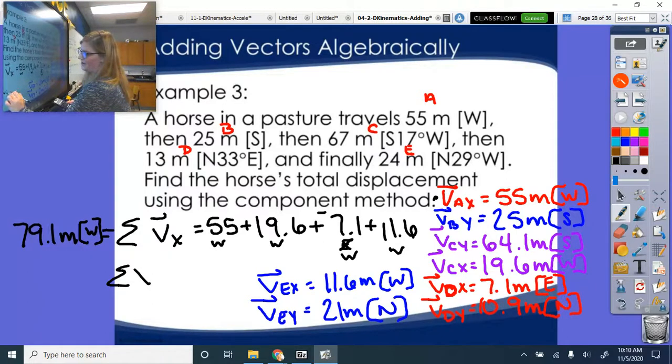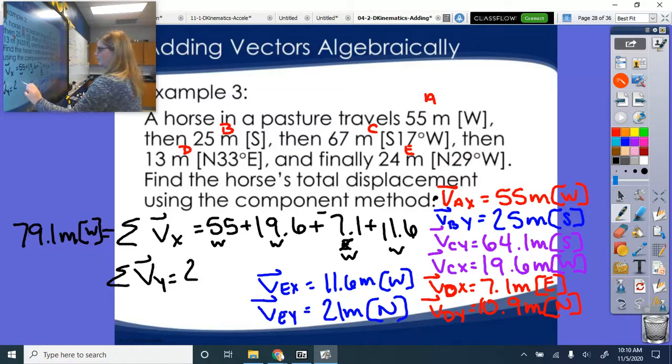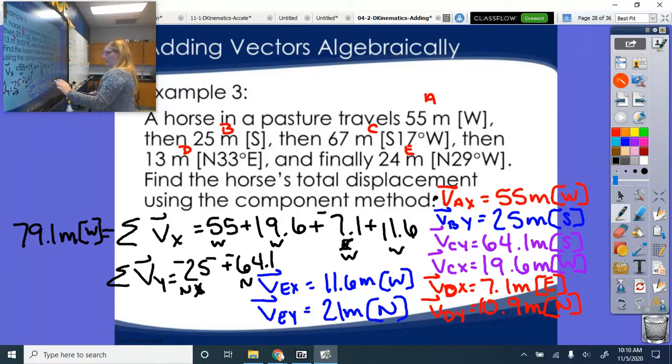Then the sum of my vectors in the y direction are going to be 25 south. And normally we would consider south negative, so I'm going to make that a negative north. Then plus 64.1, also going south, so I'm making it a negative north. Plus 10.9 north. Sorry if it's getting really crowded. Plus 21 north.